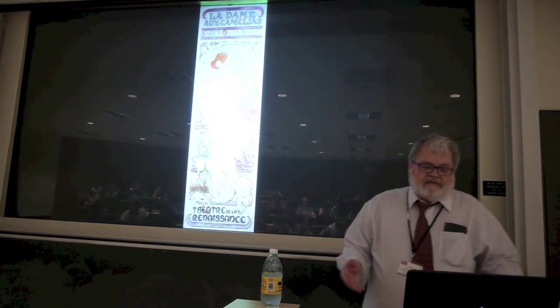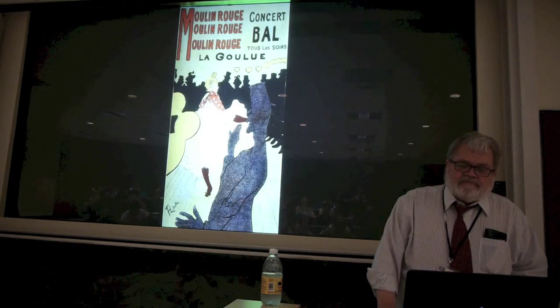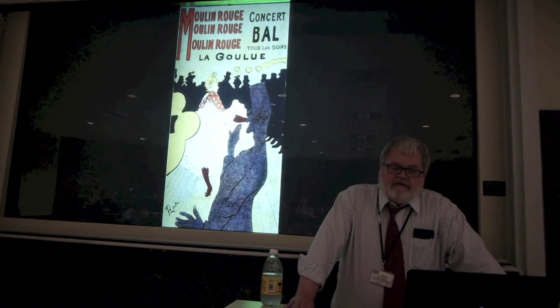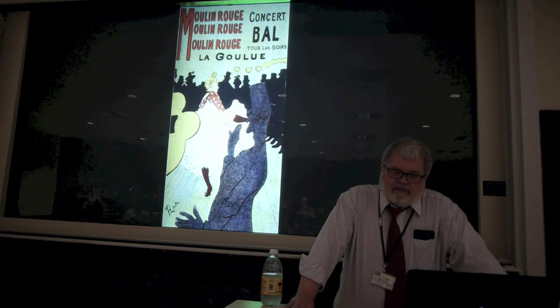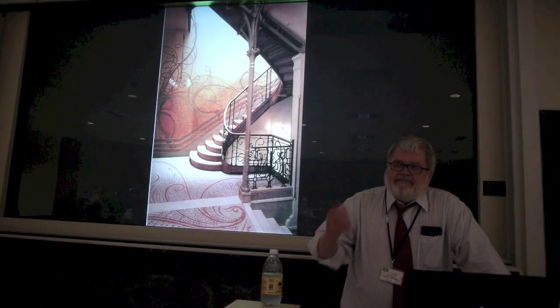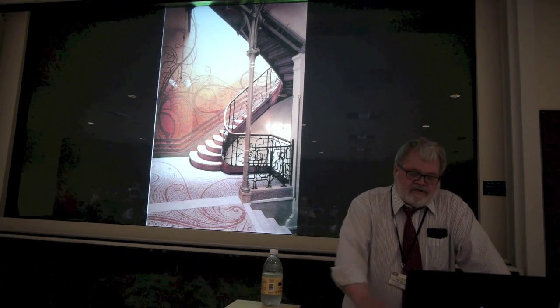You know, the celebration of Sarah Bernhardt's play, for example, or of course the key figure, Toulouse-Lautrec. This is his painting rather of a poster for the ball at the Moulin Rouge at the time. It even was adapted to architecture and to styles of interior design.